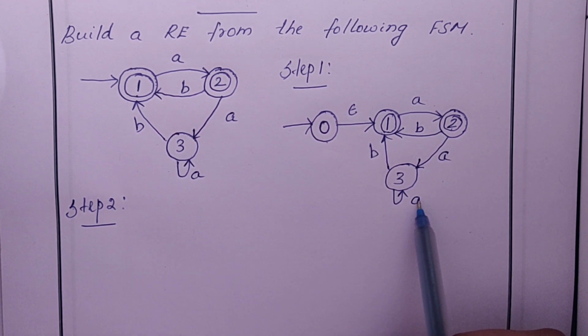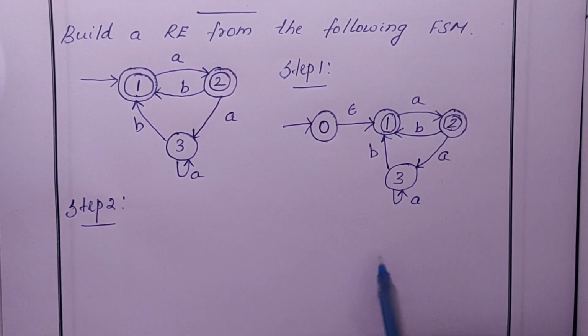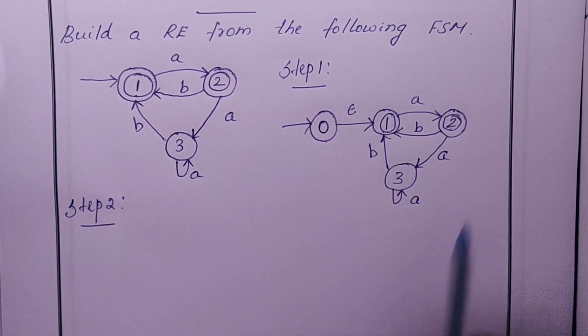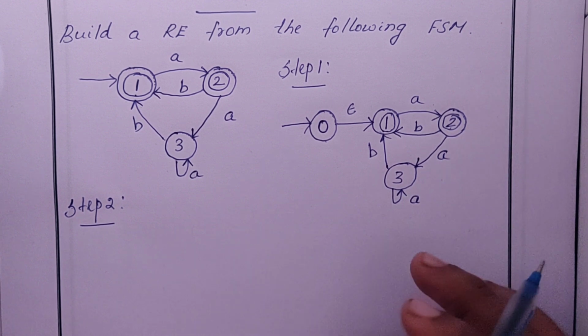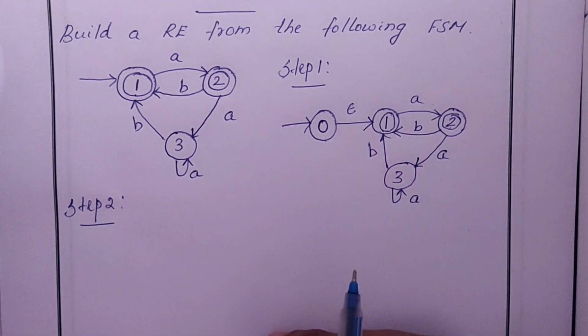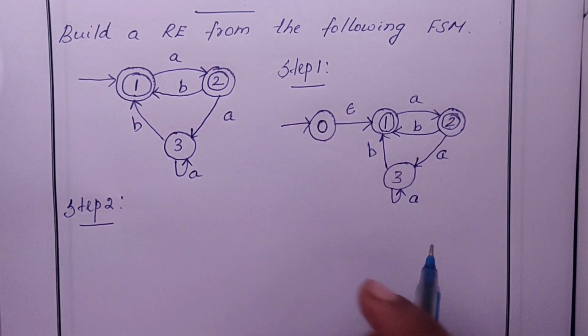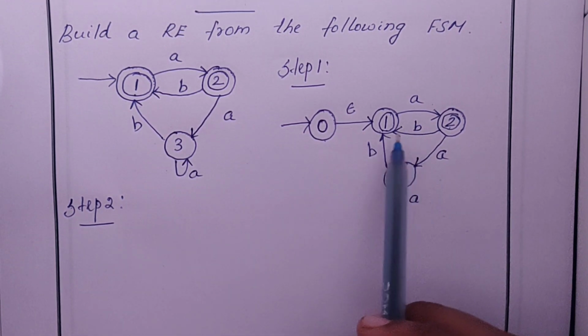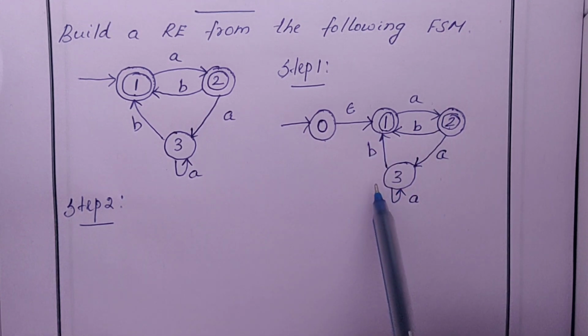If I have more than one final state, make a new final state and connect all the old final states to the new final state. At the end I should have only one final state. Moreover, you have to check whether this final state has any outgoing edge.